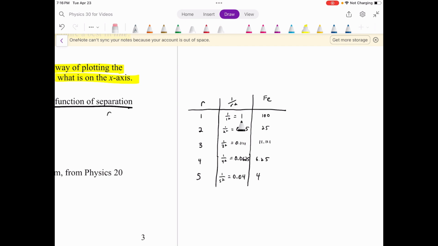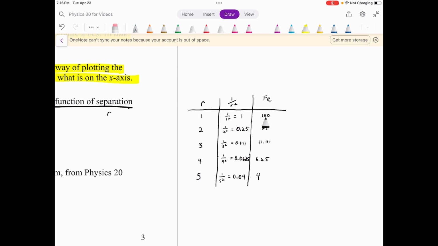So 1 over 1 squared is 1, but then 1 over 2 squared is 0.25. 1 over 3 squared is 0.1111. 1 over 4 squared is 0.0625. We're going to make this what we put on our x-axis and then plot the force on the y-axis.